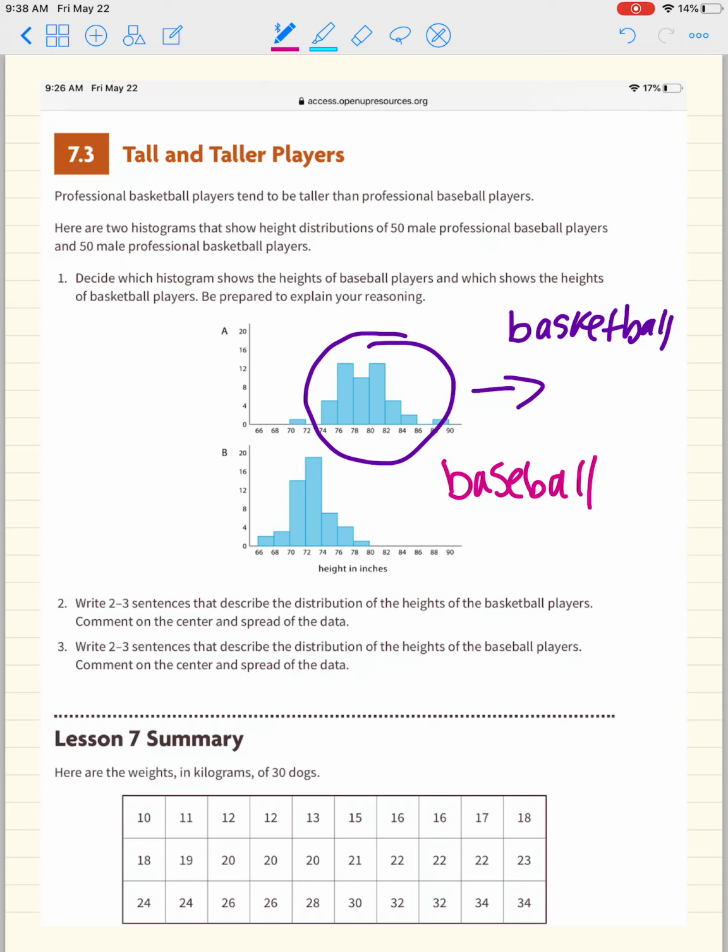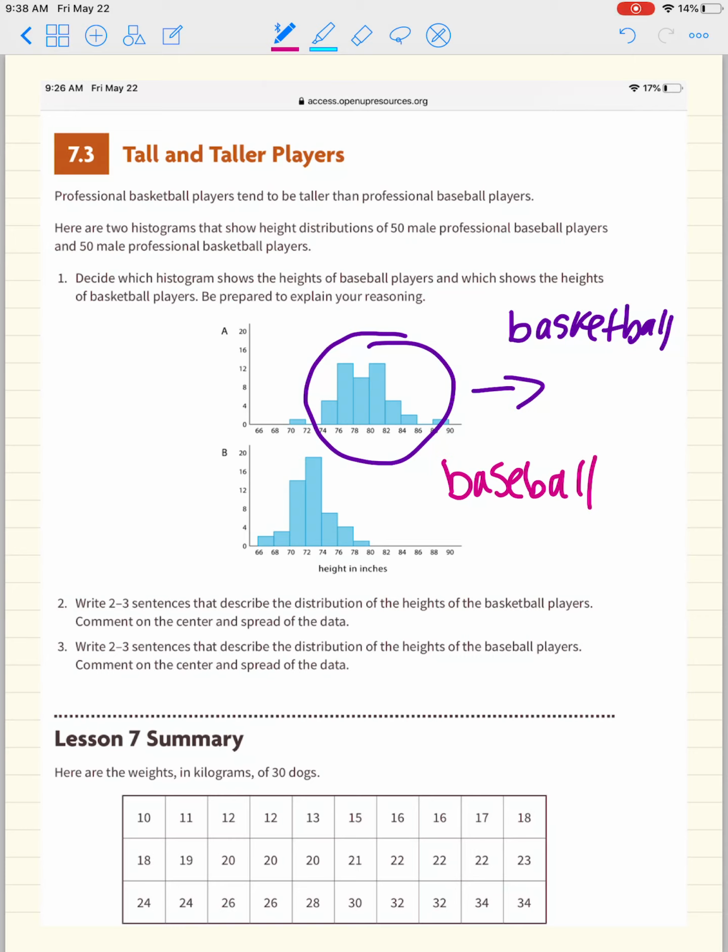Okay, I talked about that a little bit, but go ahead and take what I'm saying and put it into your own words. So for the basketball players, the spread is clumped towards the right, which indicates generally taller players. And for the baseball, your spread is more clumped towards the left, which is generally shorter.